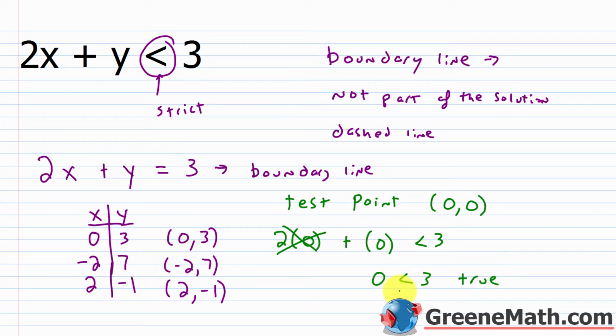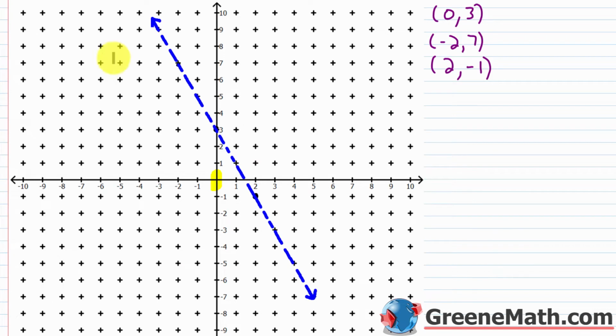So if this is true, that means that (0, 0) lies in the solution region. So that means that everything over here satisfies the inequality, and everything on the other side of the boundary line does not. And you could choose a test point over here and see if it doesn't work. So something like, let's say (4, 1). So this is in the non-solution region.